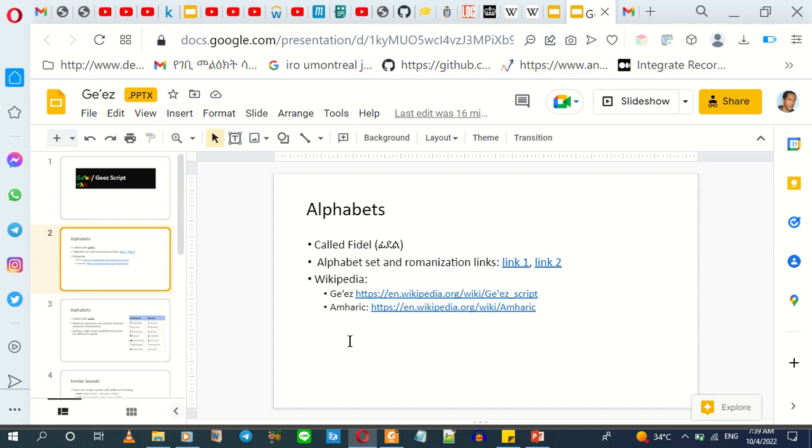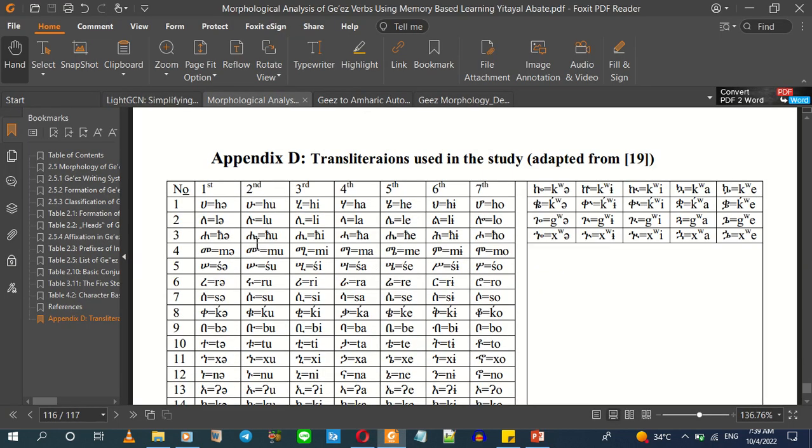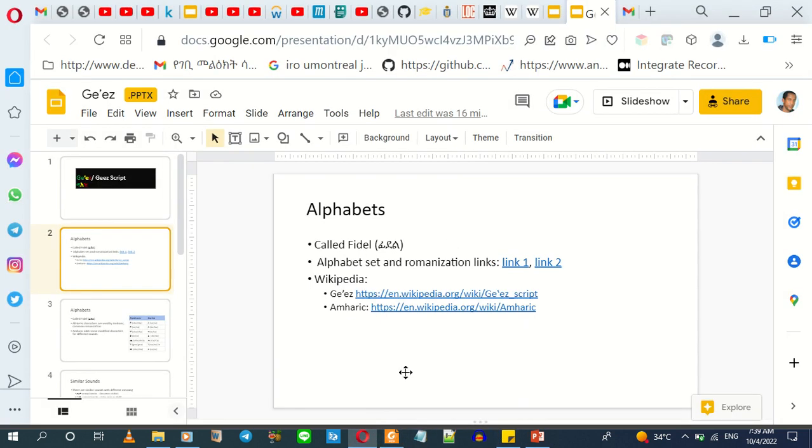Okay, so this is just a simple introduction to the alphabet and the romanization of the Ge'ez set of characters. There is some difference between Ge'ez and Amharic.